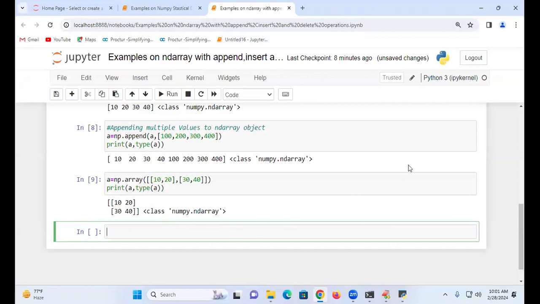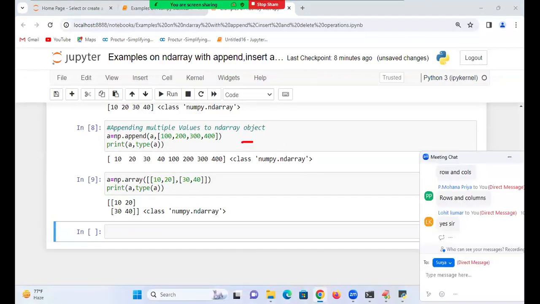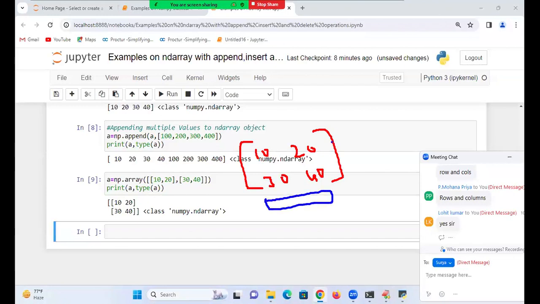Append means adding at the last. So what is my intention here? 10, 20 and 30, 40 is my data. Now I will do what? Either I can append as a row, or I can append as a column.